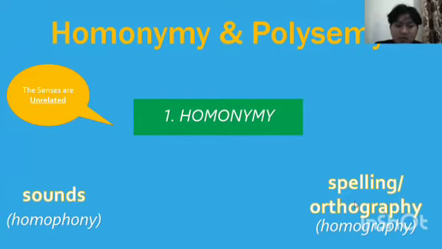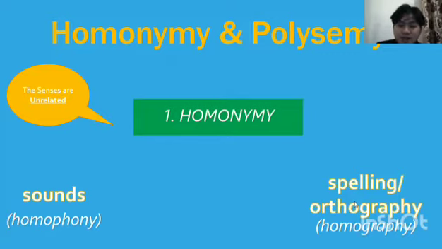The type of sounds means that how we pronounce the words is exactly the same, but the words are different. The alphabet is different, but the sounds are exactly the same.